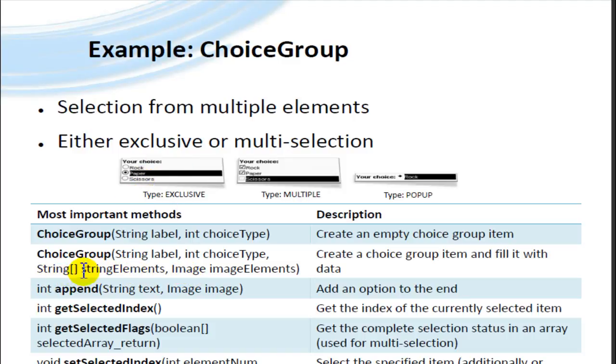We have an array of strings already defined, a string array that we can put in here, which automatically puts things in, like string of 0 first, then string of 1, and string of 2. And then we've got an image array also, if you want to put images on the side as well, right?